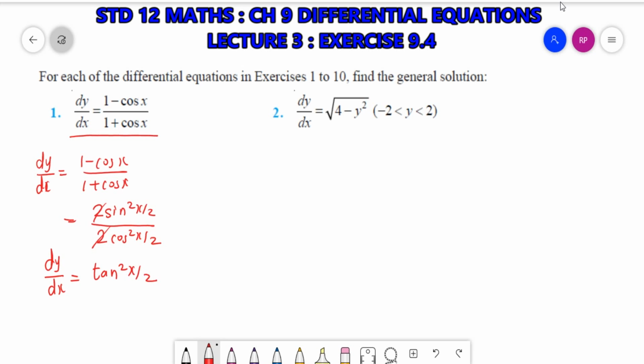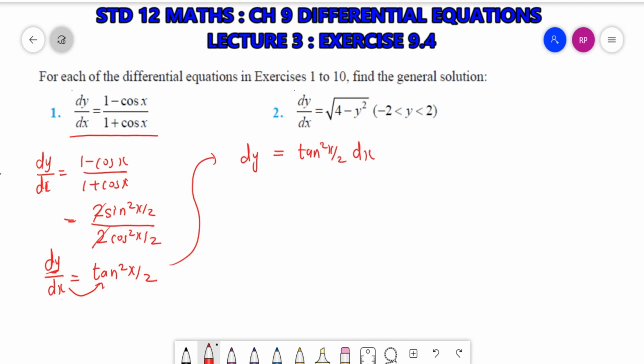Now variable separable means the y variable I will merge towards dy and x towards dx. So I will take dx on this side. So dy is equal to tan square x by 2 dx. Now I can integrate.